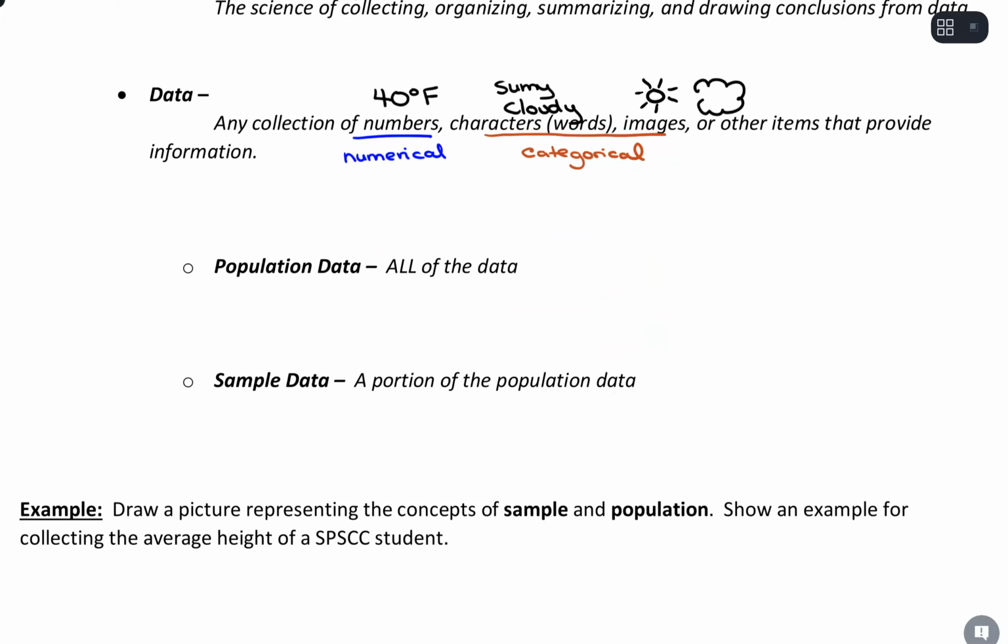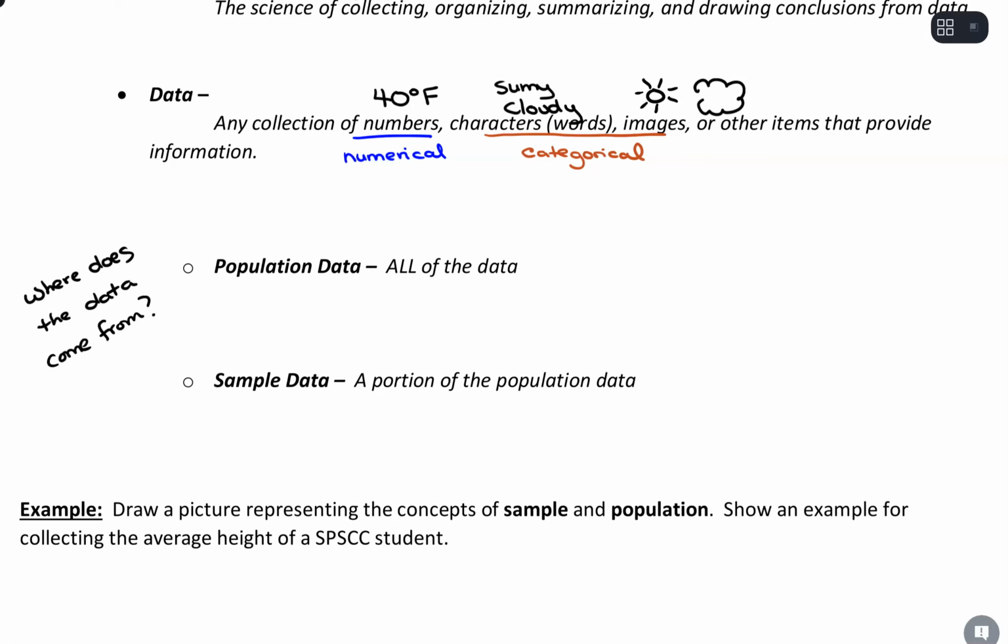So now what we could think about is, where does the data come from? We're really going to focus on two places: population versus sample. Knowing which place the data is coming from, comparing these two, tells us so much about the strength of our data.